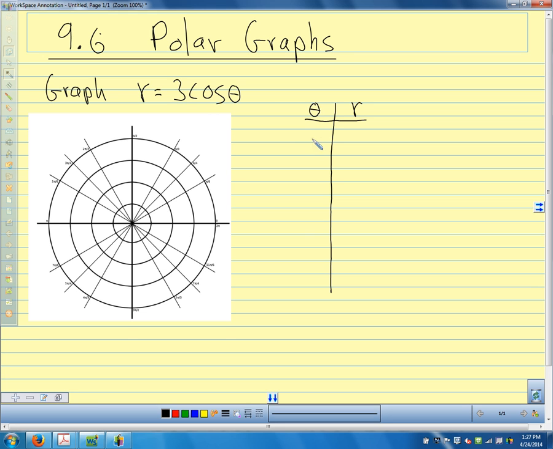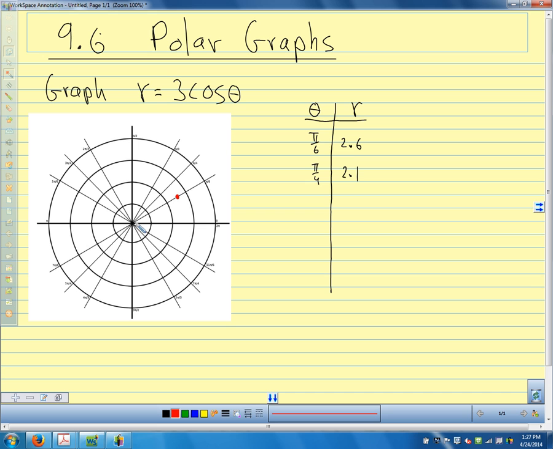I'm plugging these into my calculator to get a point. So I'm going to start with pi over 6. So when theta equals pi over 6, I plug that in there, and I get r is about 2.6. So I would go here, when theta is pi over 6, r is about 2.6. So I get a point there in my graph. When theta is pi over 4, I plug that in here, and I get r is about 2.1.